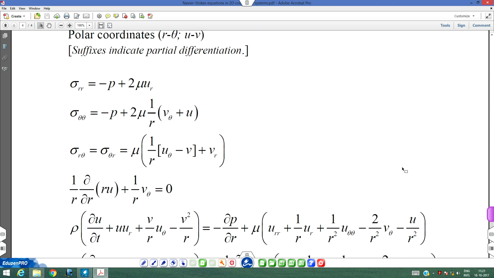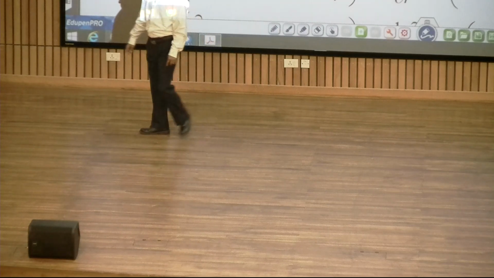When you put u equal to 0 in the radial momentum equation, unlike a flow in a parallel plate channel, you got a non-zero pressure gradient in the radial direction balanced by the centrifugal forces.